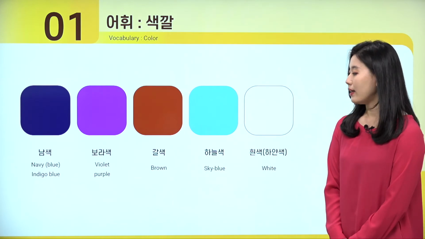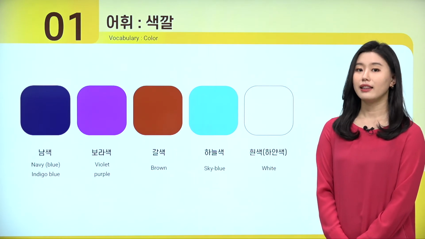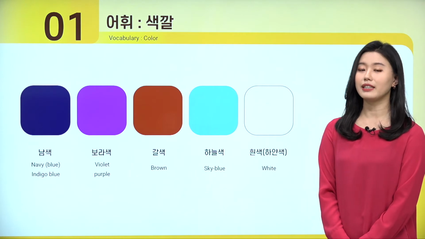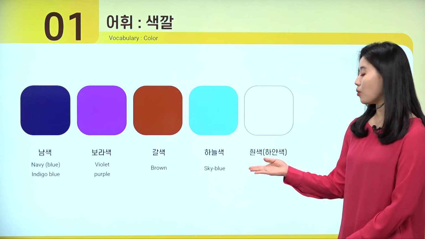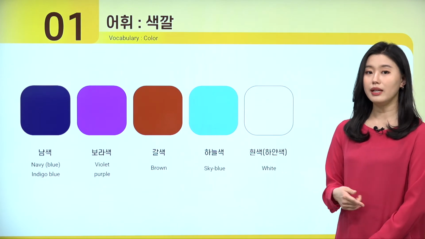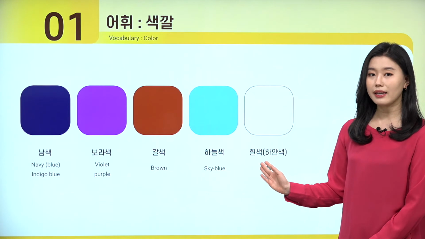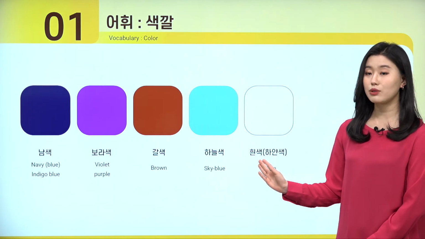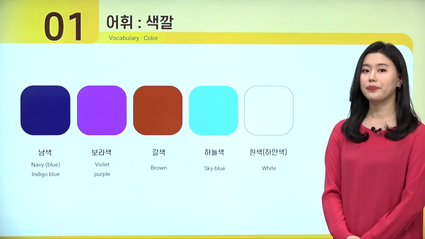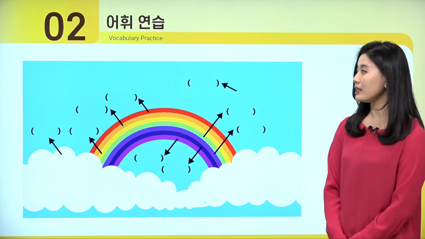Brown, 갈색. 하늘색. Finally, 흰색 or 하얀색. 흰 is one syllable and can be a little difficult to pronounce, because we have 으 and 이 together. And then 하얀색.